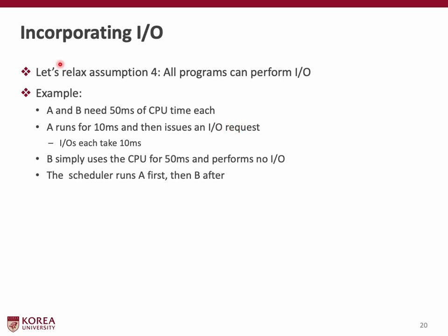It does this 5 times, alternating between CPU and I/O. On the other hand, job B just uses the CPU for 50 milliseconds straight with no I/O operation at all. Now suppose that the scheduler runs A first and then B.